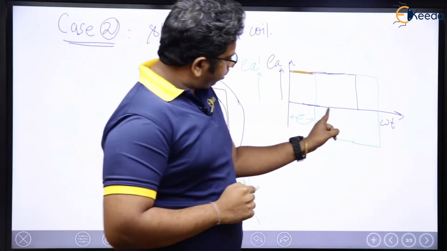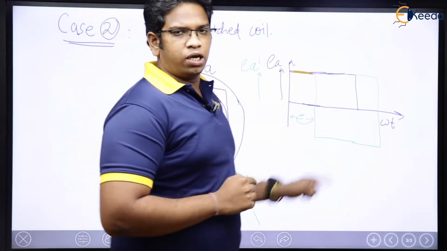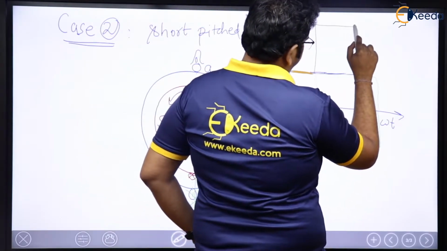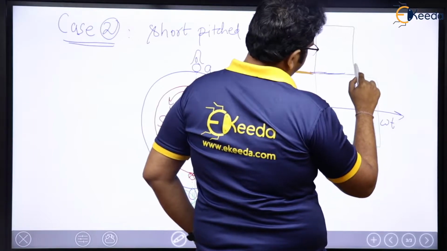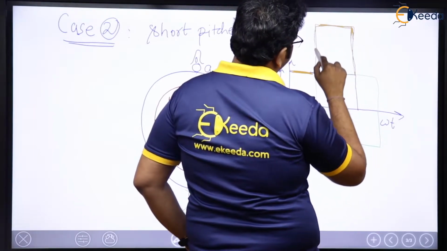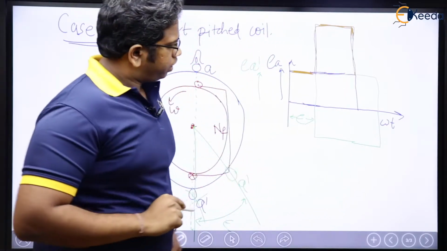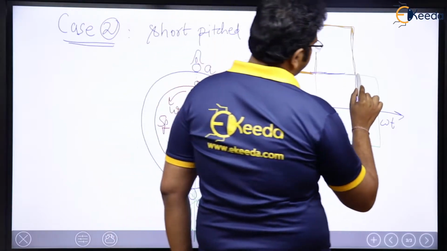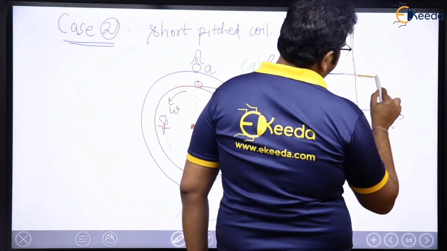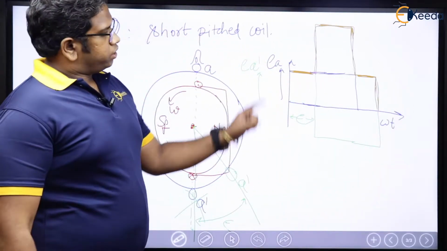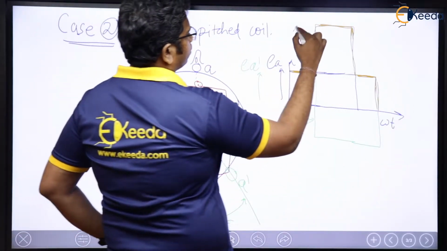Then from here to here, if you see, I have blue as well as yellow, means they will get added. I'm going to have this way. And then from again here to here, blue is 0 and yellow is existing. So yellow is existing here, and here both become 0. So this is going to be what?